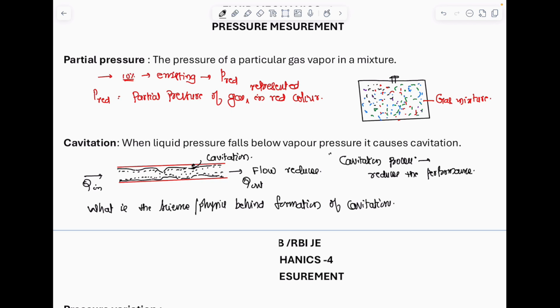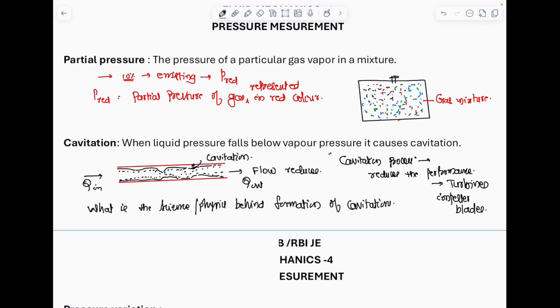There will be some drop in performance, especially in turbines and impeller blades. That means we should never allow cavitation to occur, and the liquid pressure should never fall below the vapor pressure.